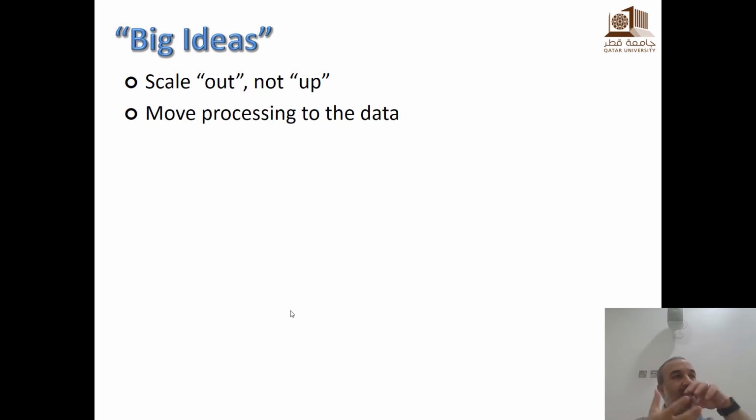So the data and the processors are co-located on the machines. They are not, as you mentioned earlier, that there is a storage area network that is separated from the processing units. Because in that case, we'll have to move the data across the two networks, and that will be very expensive in terms of time.